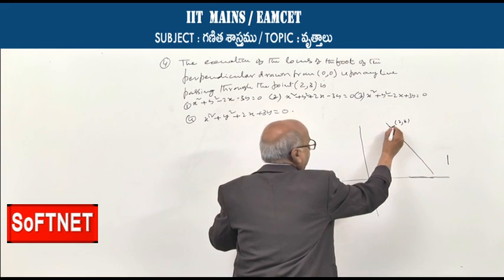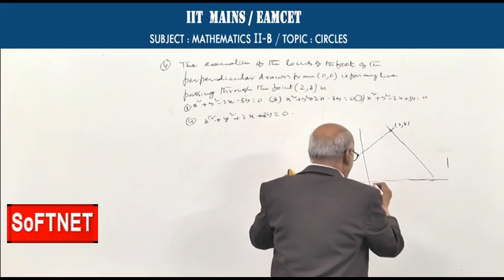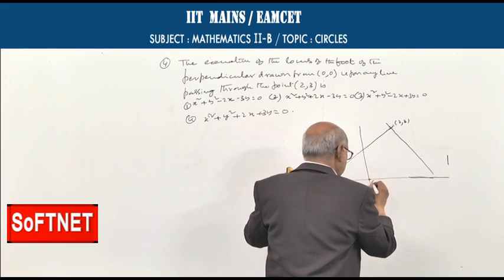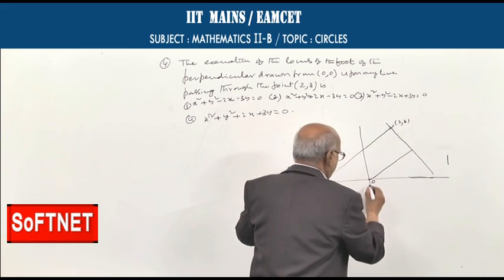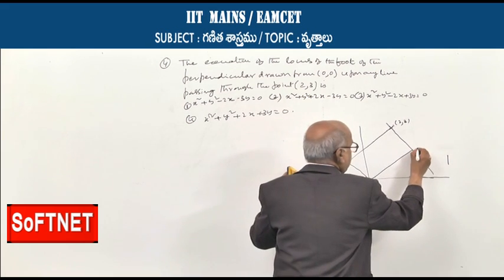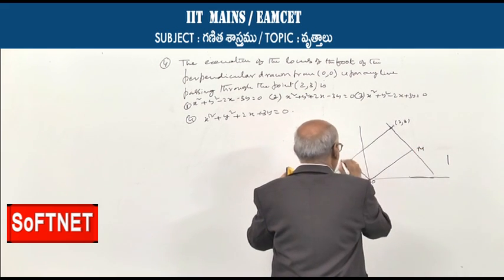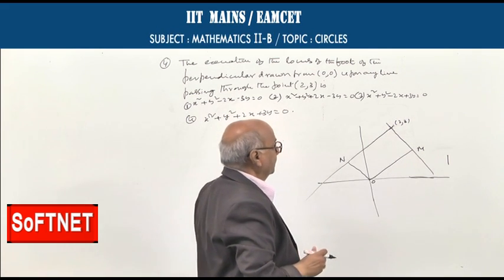And so many lines you will get passing through these, and onto these lines from the origin we are dropping perpendiculars. Suppose MN is a dropped perpendicular.